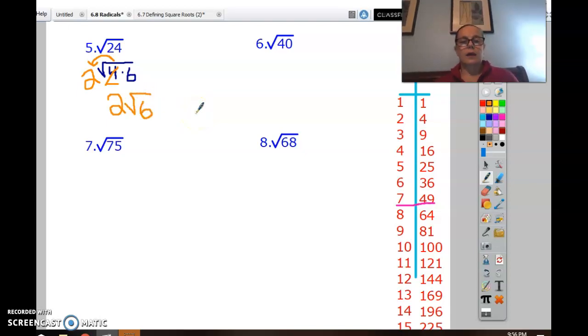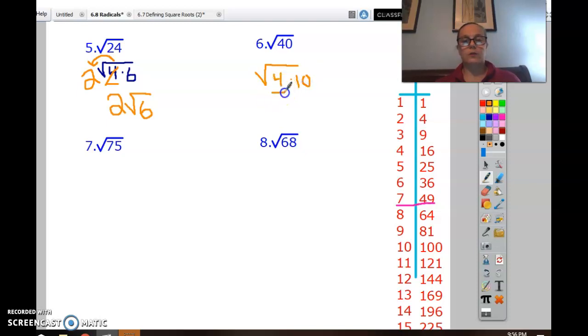All right, and number 6, we've got the square root of 40. Automatically, we know 40 is not a perfect square, but I know 4 times 10 will give me 40. I don't even need the note card right now because I know 4 is the perfect square and I can multiply it by 10.